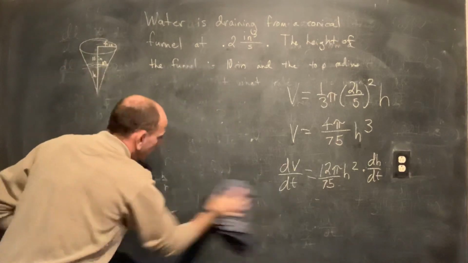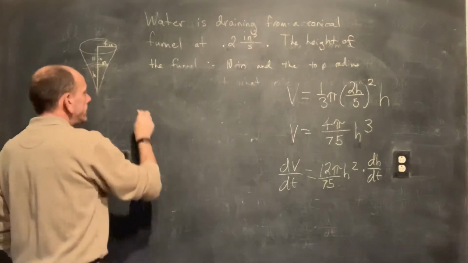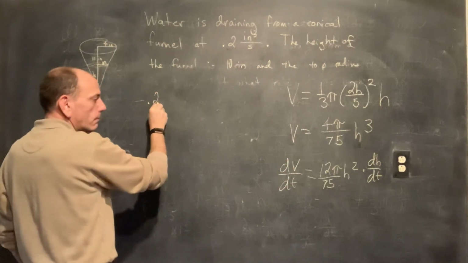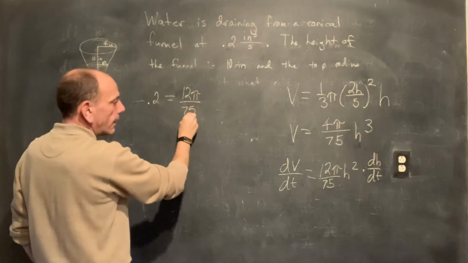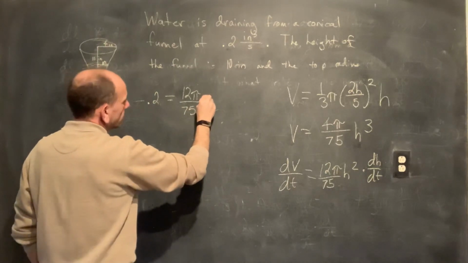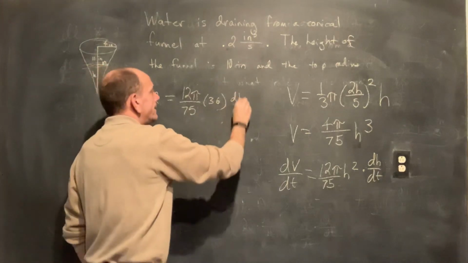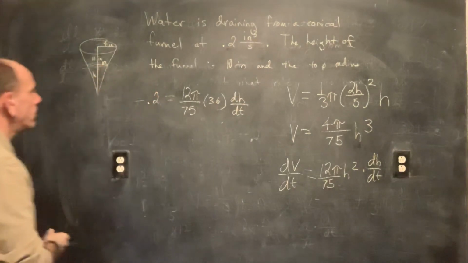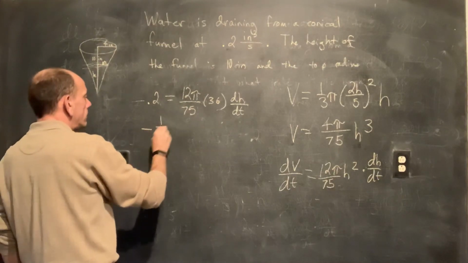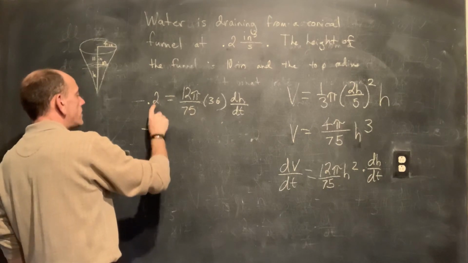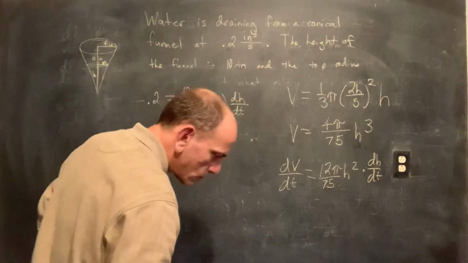So we're just doing a little algebra now, plug and chug, to find that out. So dv dt was negative 0.2. We have the 12 pi over 75. H is 6, so this is 6 squared, 36. And dh dt is what I'm actually looking for. Let's see, this is negative 2 over 10, so 1/5, divided by 36 times 12.